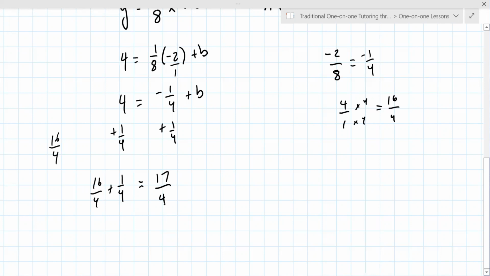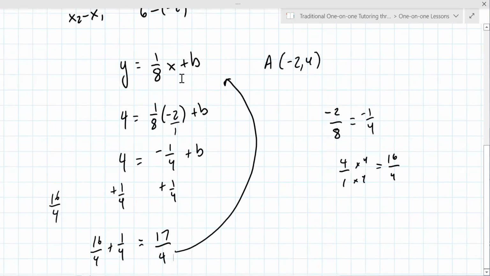So then would I go back to y equals 1/8 x plus 17 over 4?